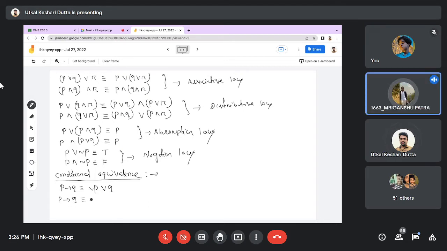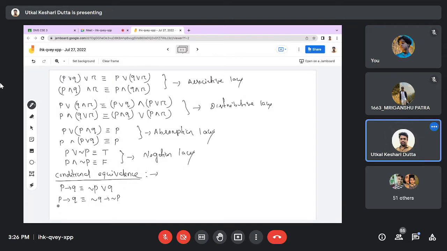Negation Q conditional negation P. We have already seen in the last class that the conditional statement and its contrapositive have the same truth values. That means they are equivalent. So P conditional Q is equivalent to its contrapositive, that is negation Q conditional negation P. If you want, go through the truth table; the truth values will be the same.